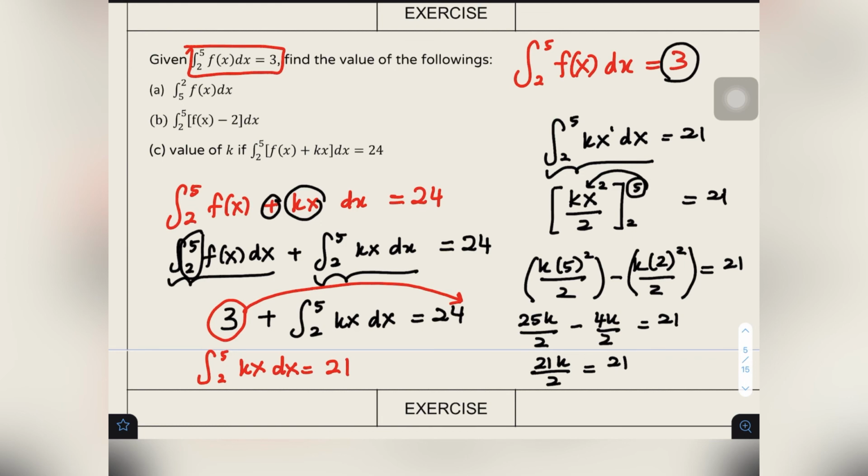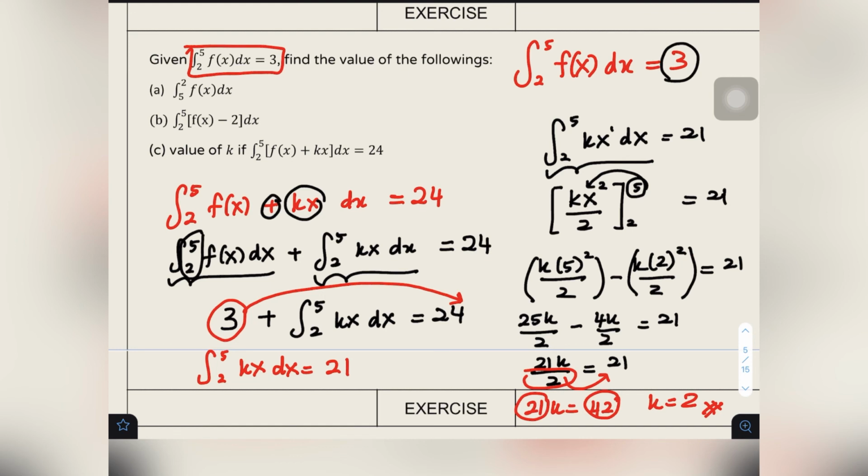Okay, so you have here divide by 2, bring it to the right, it becomes multiply. So you have 21k equal to 21 multiplied by 2, which is 42. Therefore, k is 42 divided by 21, which is 2. So we have the value of k.